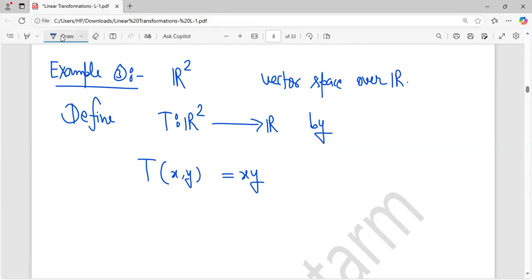R square and R are vector spaces over R. So we are defining this now. Is T a linear transformation?